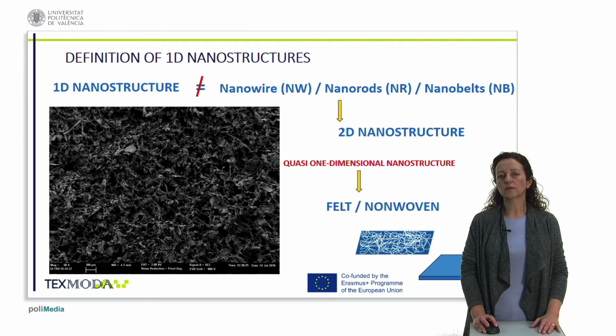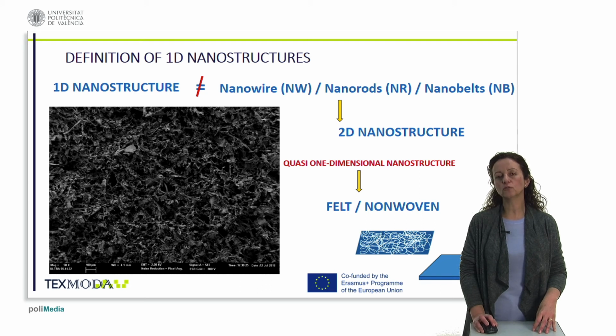When we are talking about two-dimensional nanostructures, usually it is made in a felt or in a non-woven. If we use, for example, nanofibers in the shape of a non-woven, perhaps we can use 2D nanostructures to convert into a one-dimension nanostructure, which would be, for example, a non-woven with nanometric width.